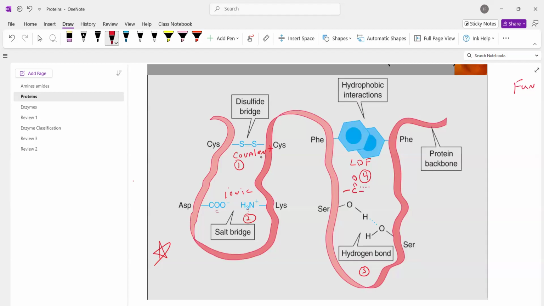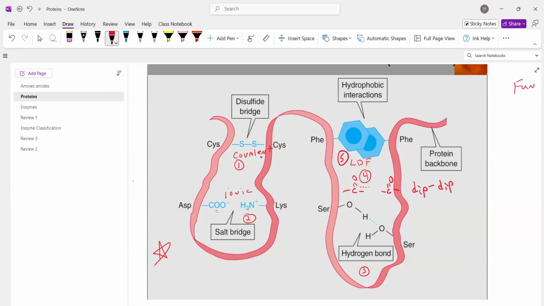And this would be 4, and this would be 5. Like 2 carbonyl groups, that would be dipole-dipole. So we've got covalent the strongest, LDF only would be the weakest.